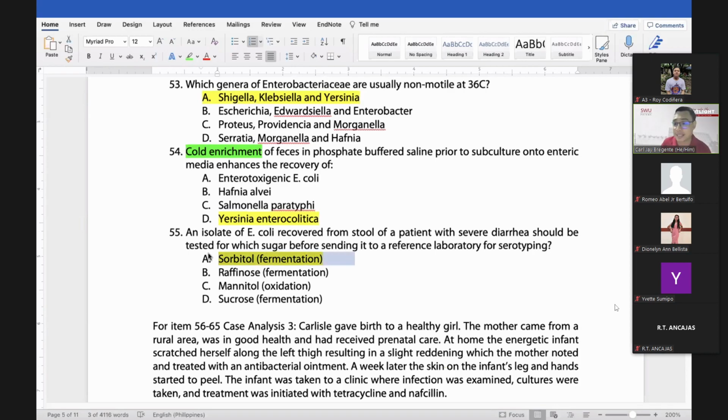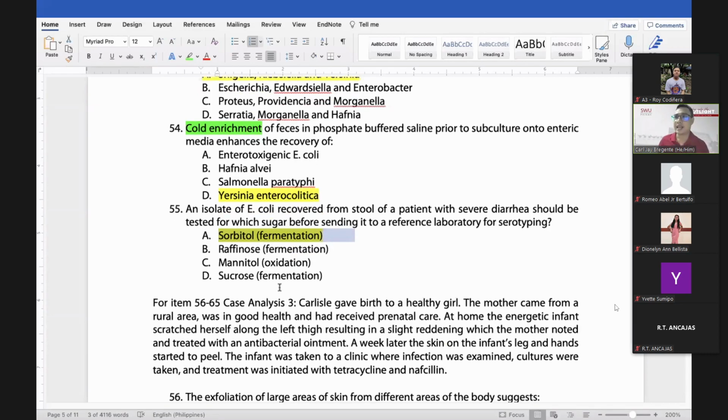Because E. coli O157:H7 will not ferment sorbitol. The rest of the strains do. Shigella also will not ferment sorbitol. Okay? So, for this, the correct answer is sorbitol. That is why, class, in your readings, I think you will encounter MacConkey agar added with sorbitol, or your SMAC.